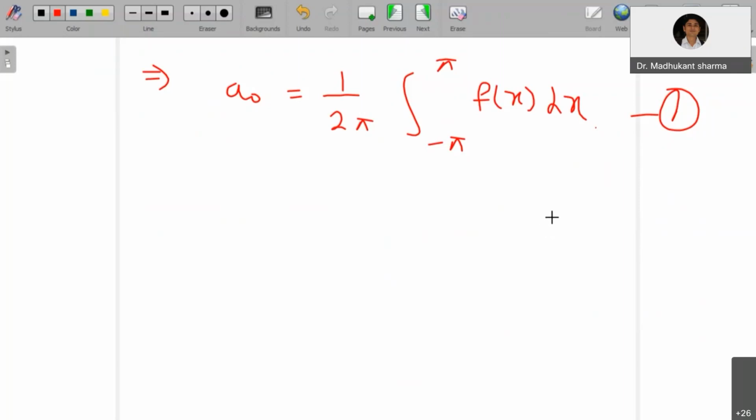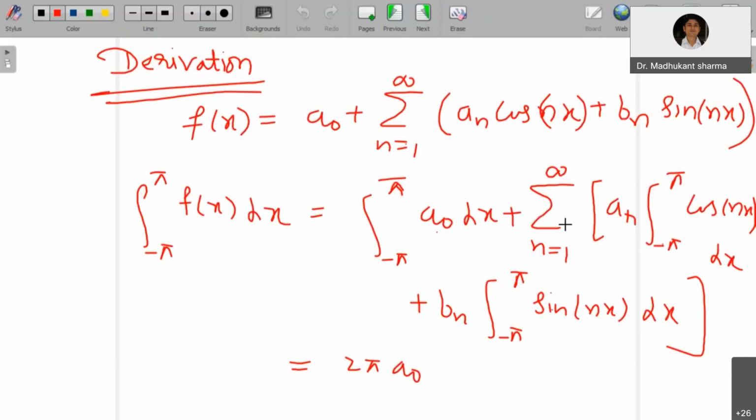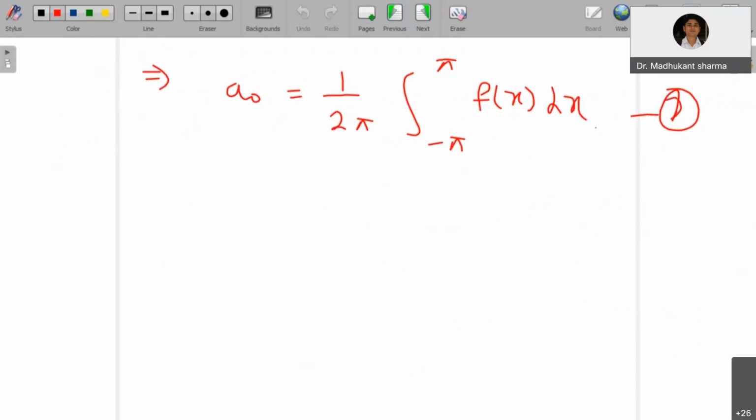Now to determine a n, what we will do is multiply both sides by cos mx. So let's call this equation 1 and that equation 2.